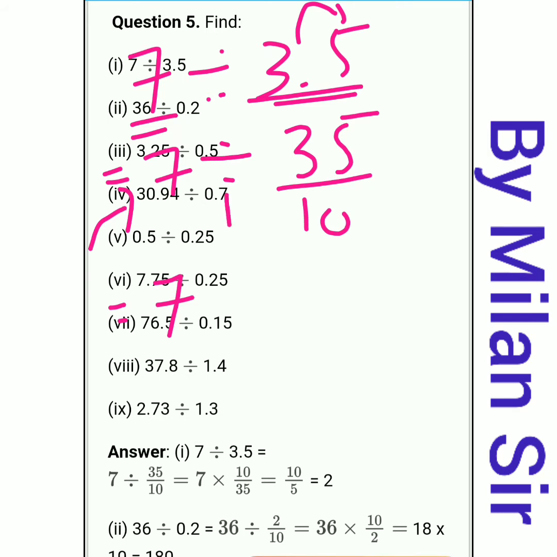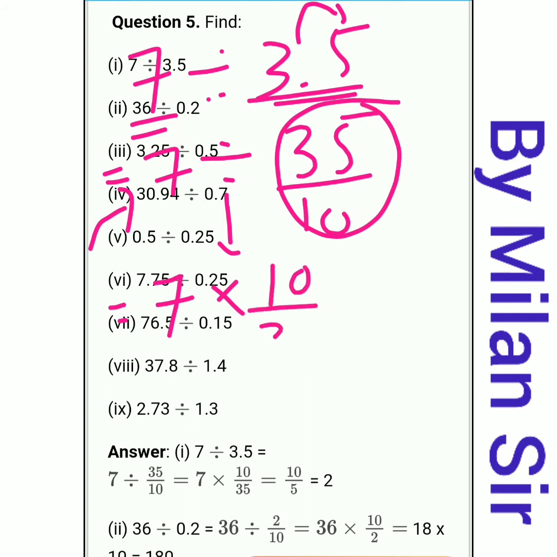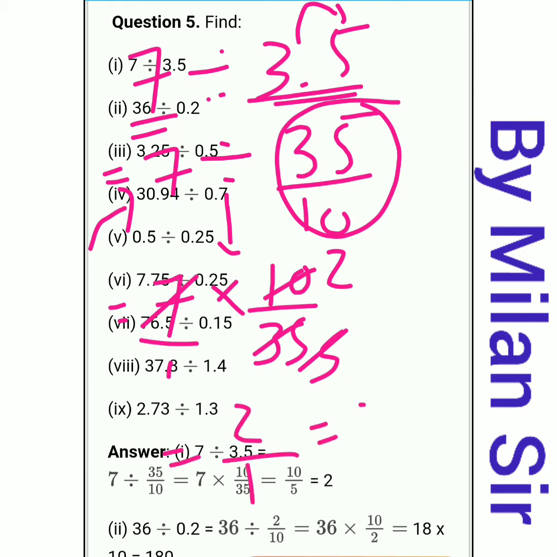We only take the reciprocal of the second number. Now this division we convert into multiplication, so 35 by 10, reciprocal 10 by 35. Here nothing is there, so we write 1. 7 5s are 35, 5 2s are 10, 2 by 1 is 2.